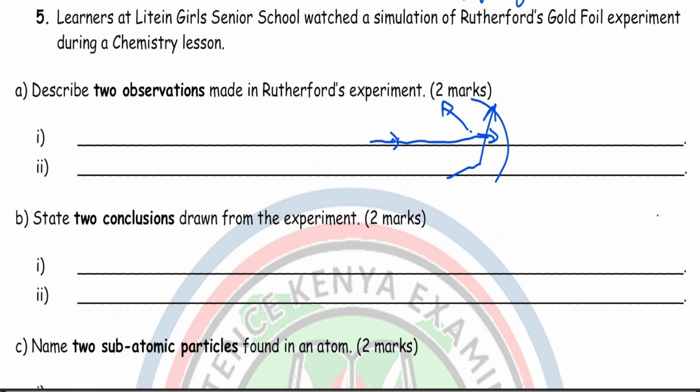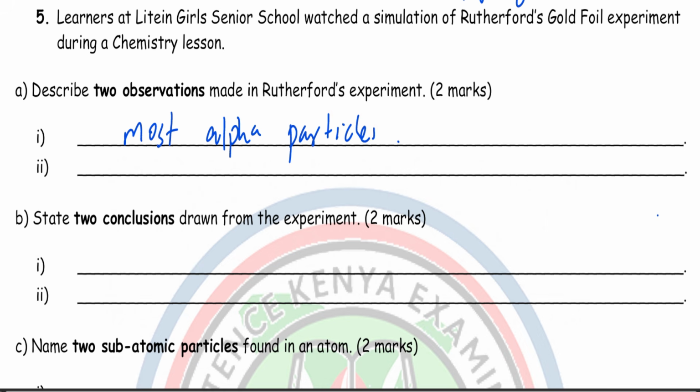So again, what are the observations once more? The first observation was that most alpha particles pass straight through the gold foil.